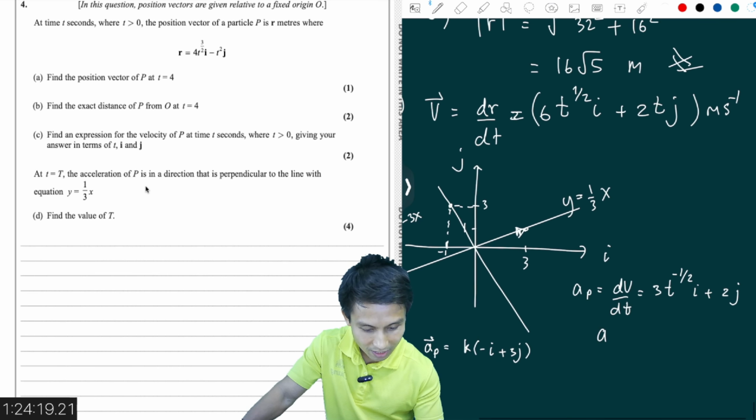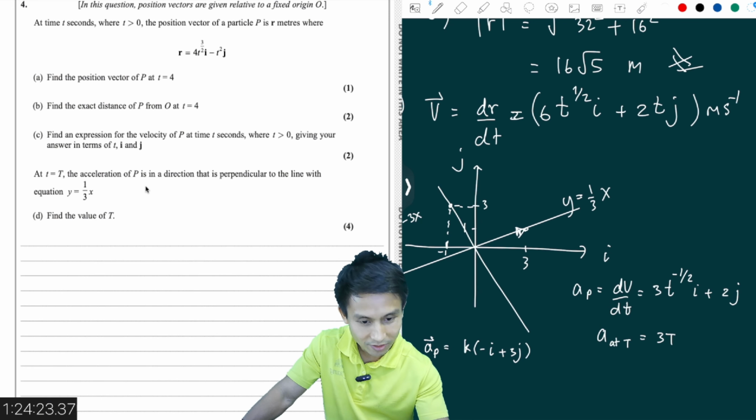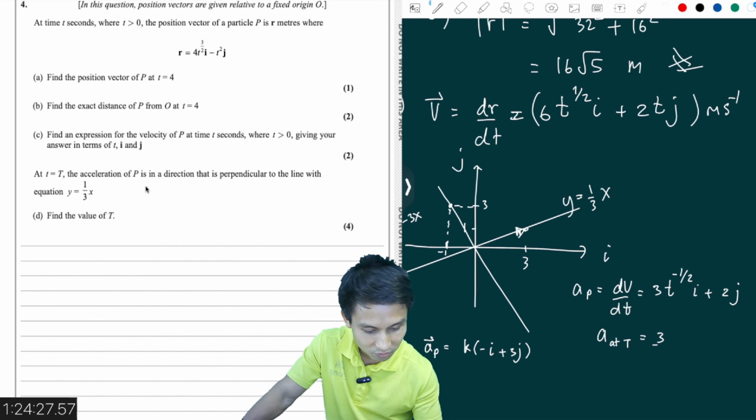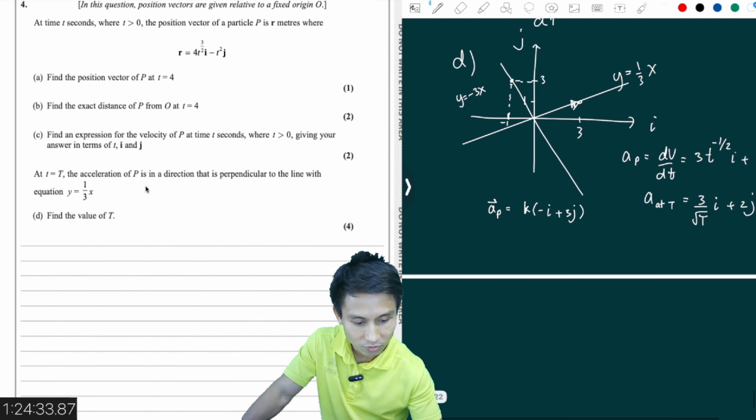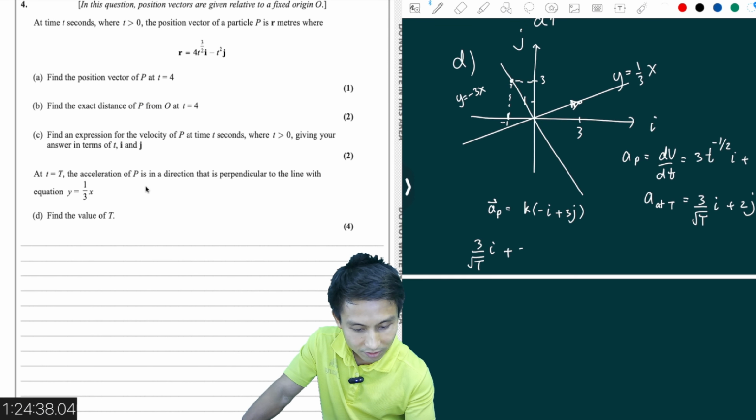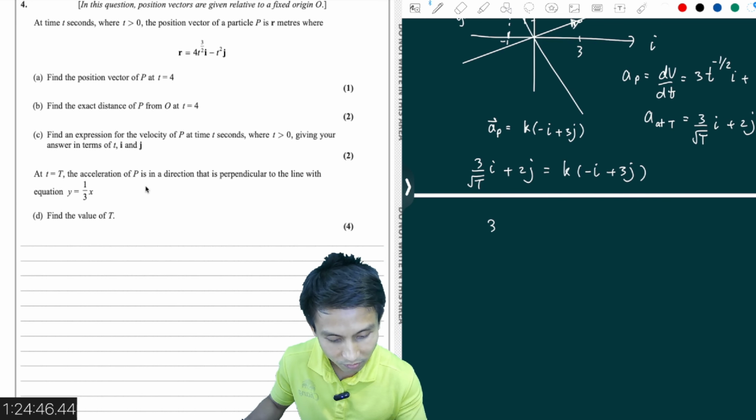So a at t is going to be 3 over square root t, i plus 2j. So here we have 3 over root t i plus 2j equals k times minus i plus 3j. Now we use the vector method, where we equate the two components separately.